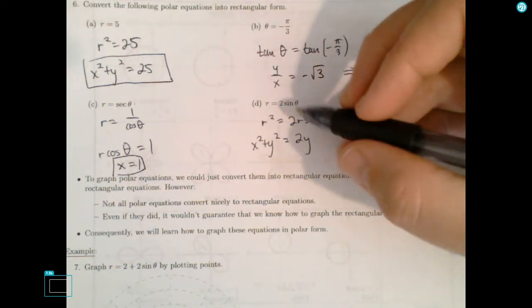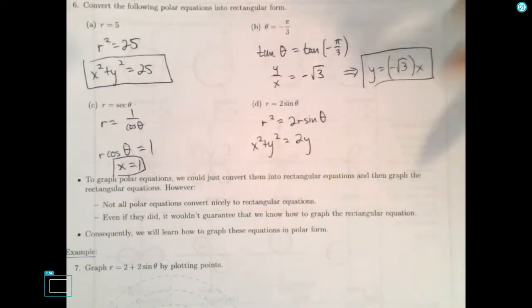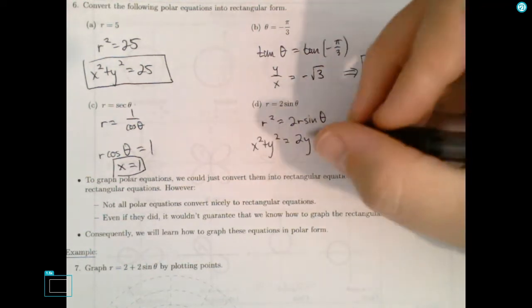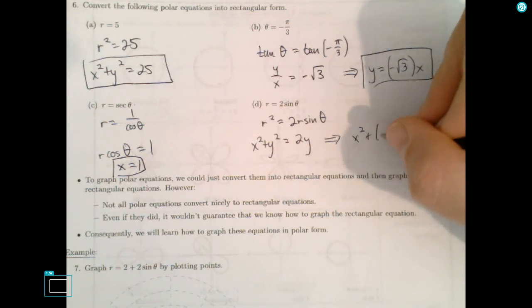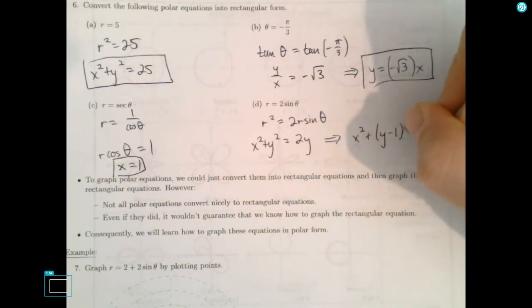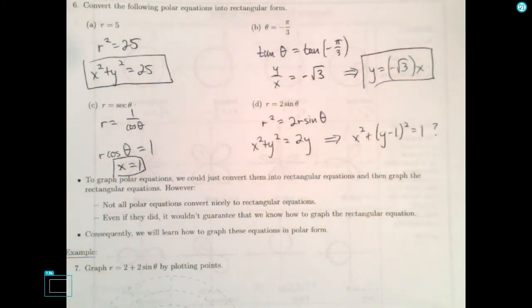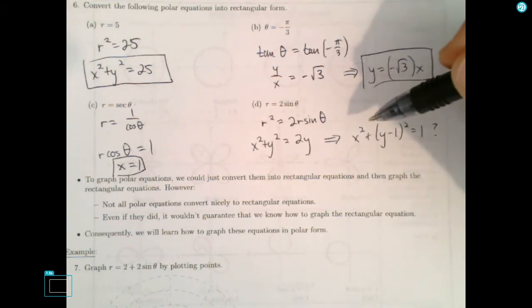To get it in standard form, you'd have to move the 2y over, complete the square, and so on. I think what you end up with is x squared plus (y minus 1) squared equals 1. I think. I'd have to actually work out the algebra.